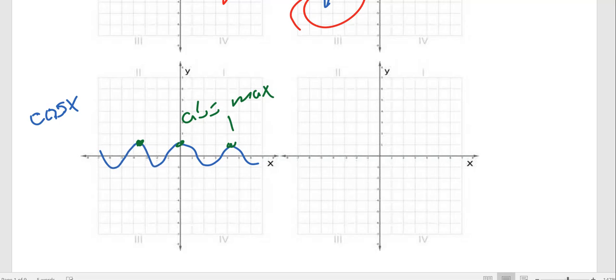By the same token, you have a whole bunch of absolute minimums at -1 because that's the lowest y coordinate. Again, it happens to occur all the time, but that's fine.